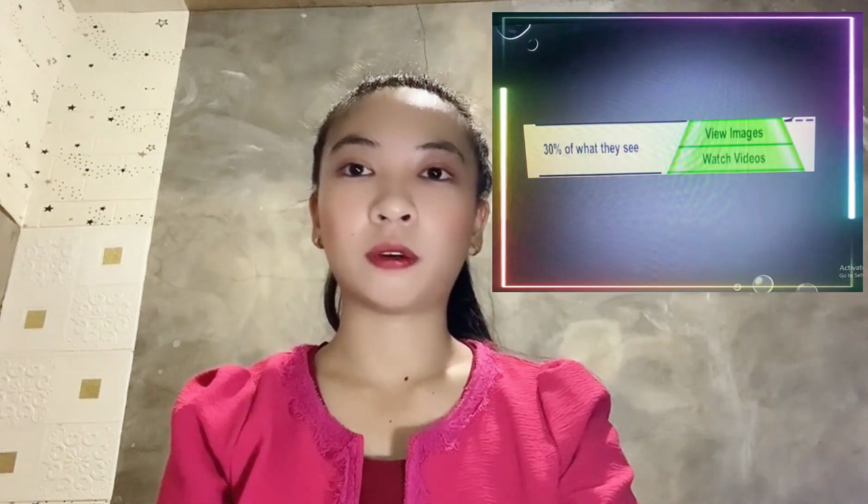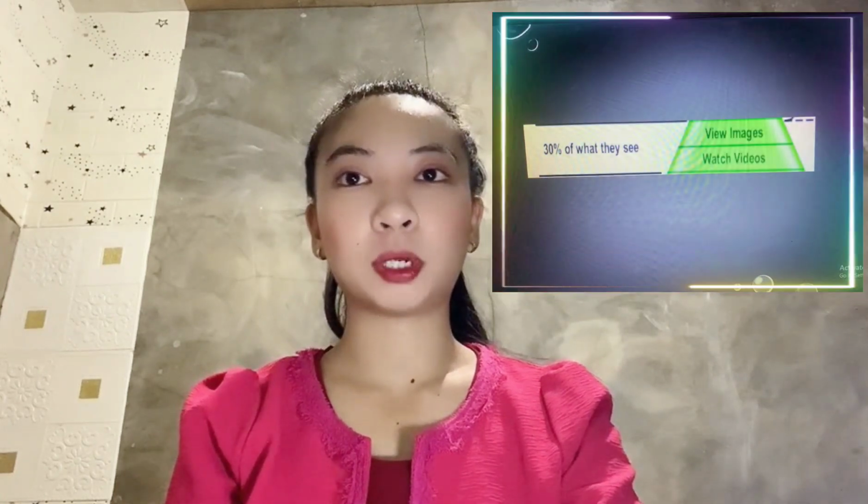And the third one: what is the reason why the students were able to get only 30% understanding of what they see, especially images and watching videos? It is because we students tend to focus on what looks beautiful to our eyes, especially in the image. We did not really dig into the meaning behind that image.